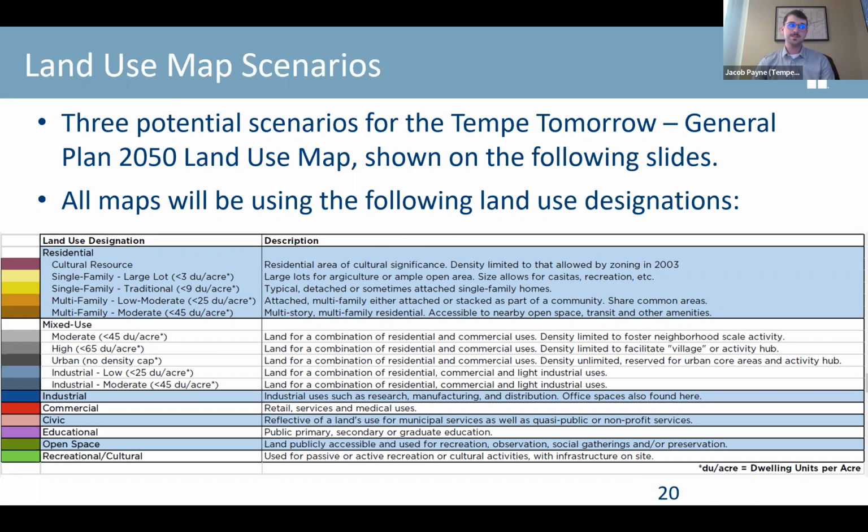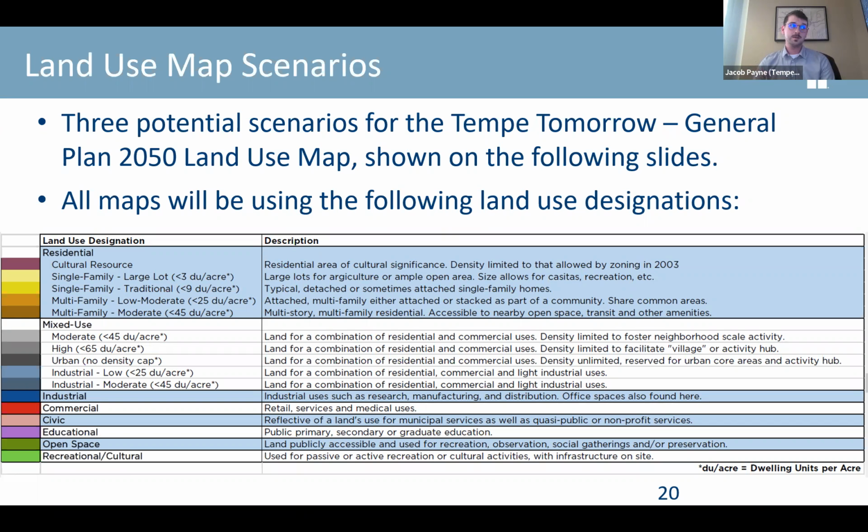Then there are the 2 mixed use industrials, which, as I mentioned, were created through an amendment to the General Plan 2040. They're to focus on our hub districts where we could see mixed use products where there are perhaps light industrial users in addition to commercial and residential users.